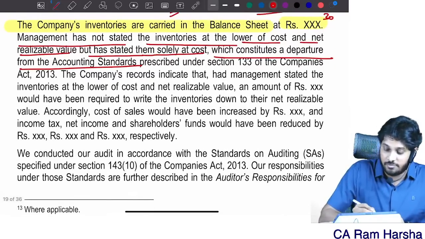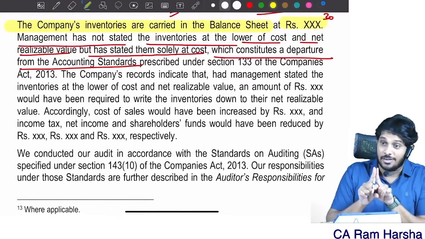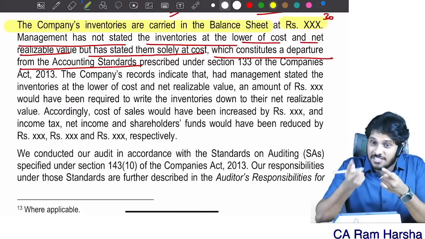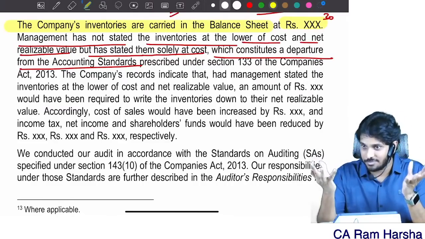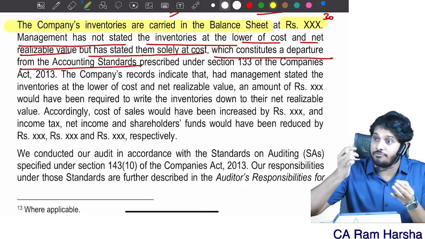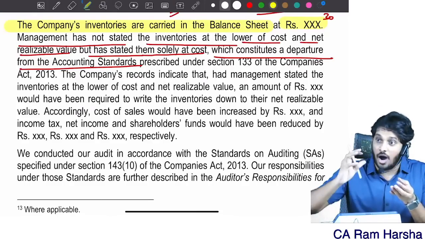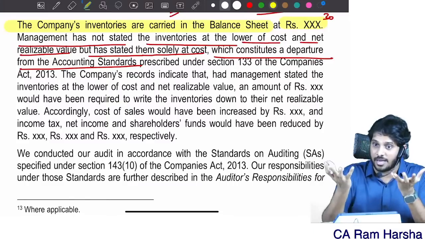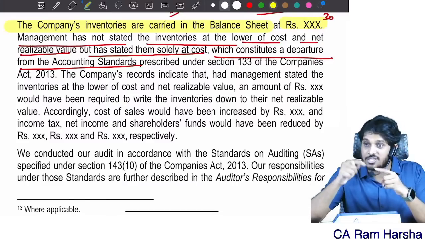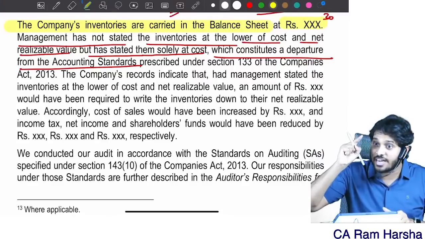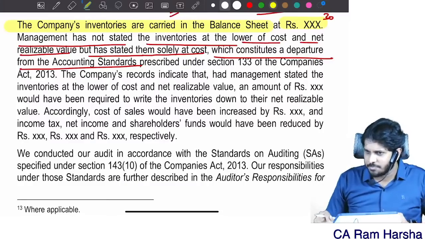Not only that, see, we pointed out the mistake. Not only pointing out the mistake, you should also tell what if this mistake had not happened. How would the profit and loss account be? How would the position of the company be? How much would the tax liability be? Because of this mistake, what all items are impacted?